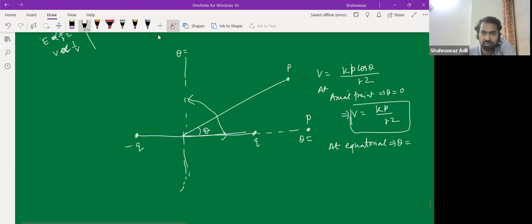What is theta at this point? Okay, 180? This was theta equals 0, but you have come to this point, so what angle is this? 90 degrees. Yes, correct. So theta would be 90 degrees at the equatorial point.